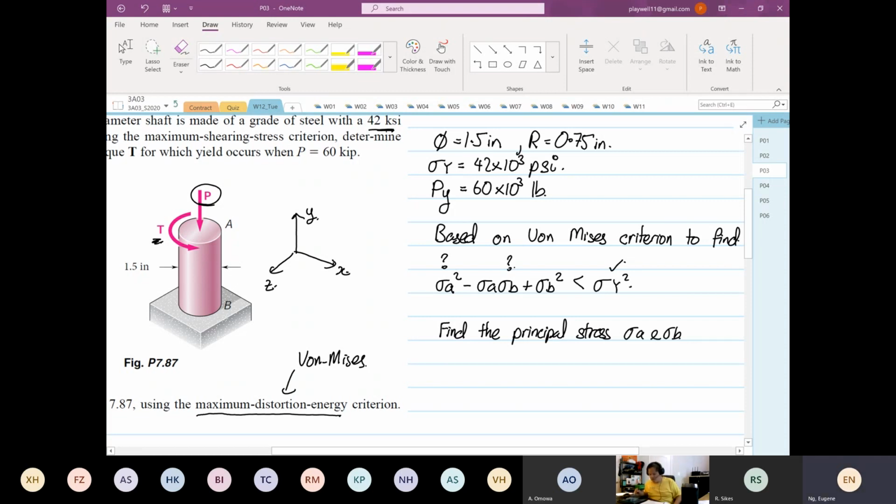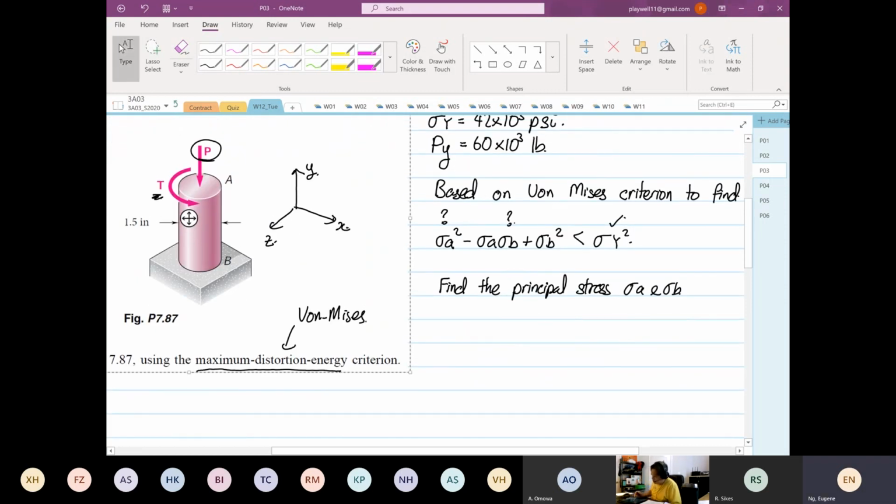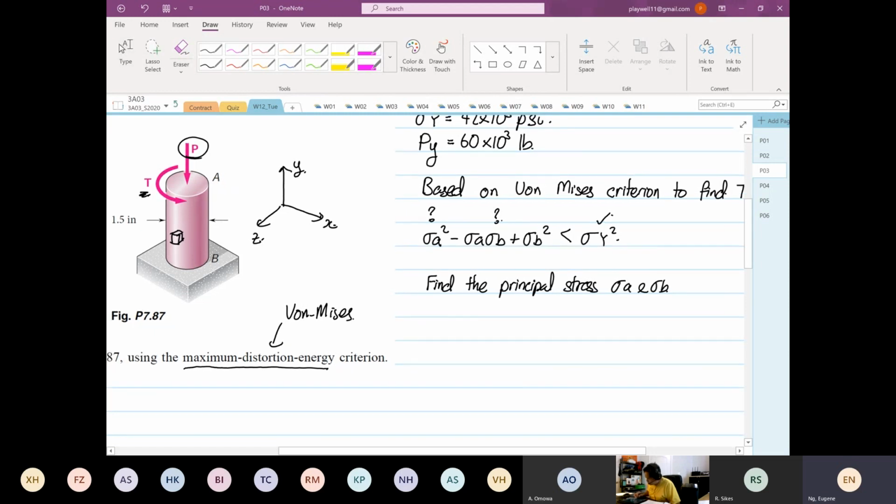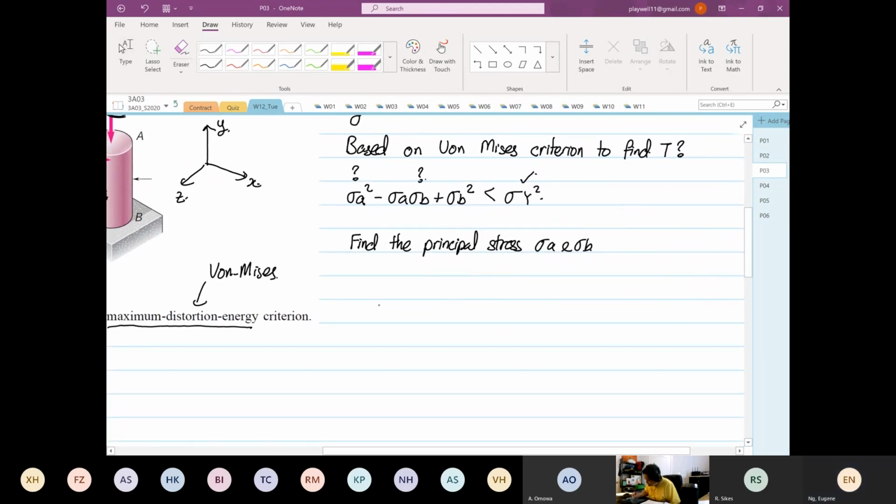Right. So now we're going to pick an element. We're going to look at the stress state of an element down here. So from here we're going to draw our element. So now we sketch our element.